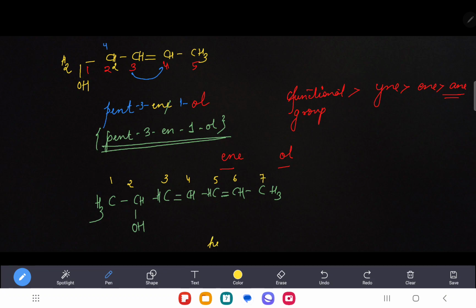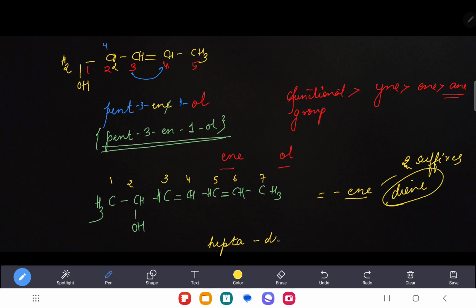So the word root shall be hept. And the word root should not be hept, the word root should be hepta. Why hepta? Because there are two double bonds. And then we know it is ene, but for double bonds we use the suffix ene, and since there are two, it would mean what? Diene.